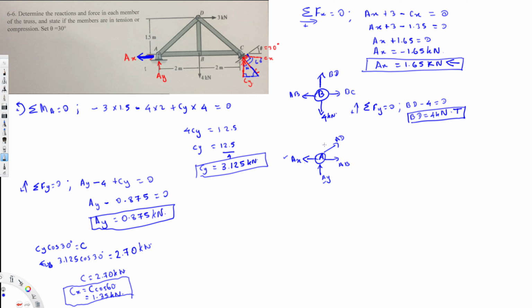If I take horizontal forces, how many unknowns do we have? We have Ax unknown, AB unknown, AD unknown. But if I take vertical forces, how many unknowns do we have? AD is the only unknown. So let's take the vertical forces. Sigma Fy is equal to 0 in statics. If I take the upper direction positive, it's going to be plus Ay, and also plus AD.